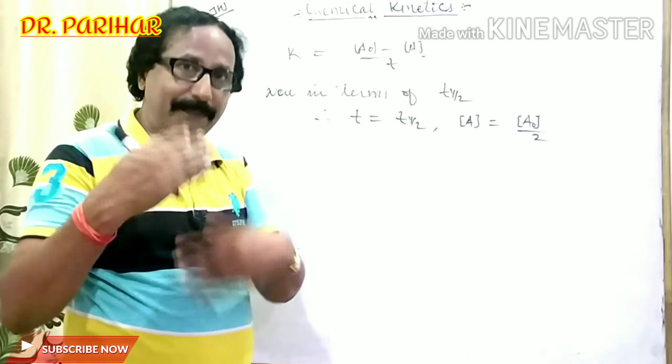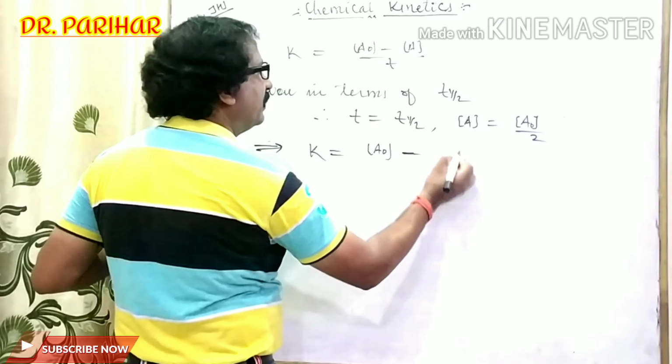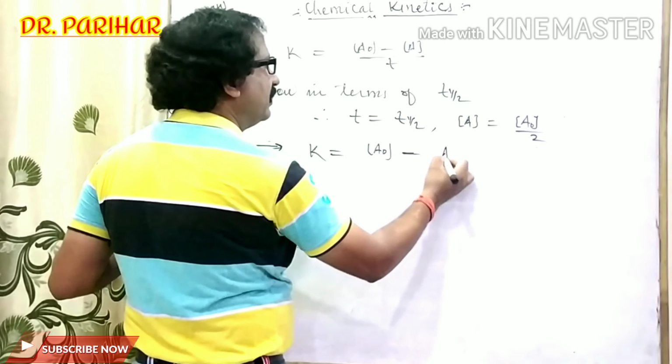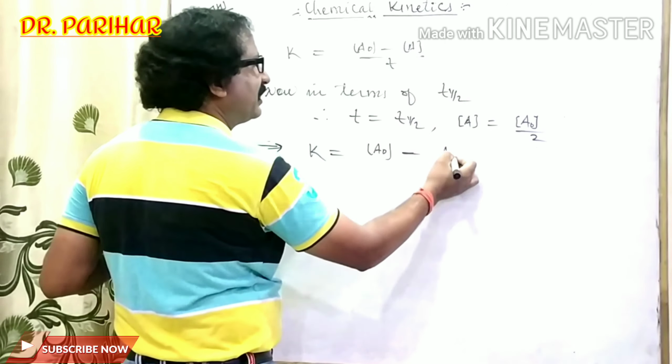On applying this value in this equation, it implies K is equal to initial concentration minus, here remaining concentration means initial concentration upon 2, whole upon T half.